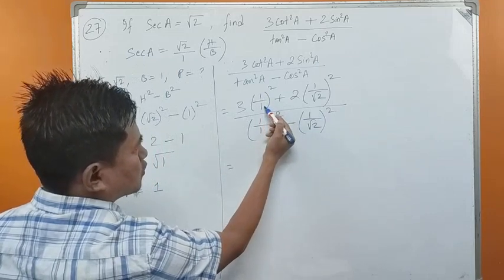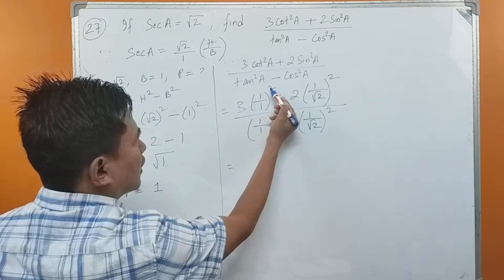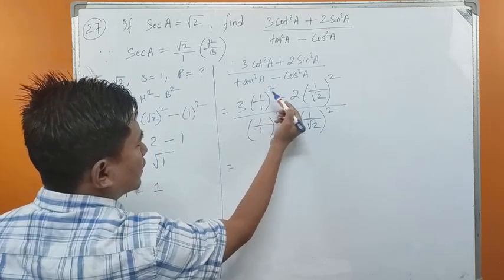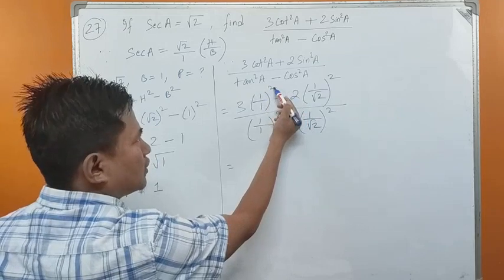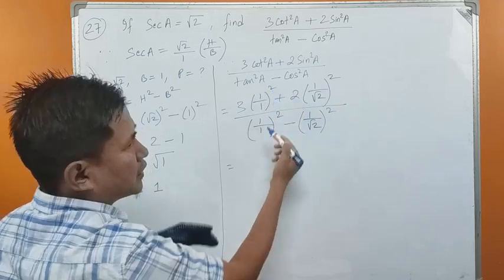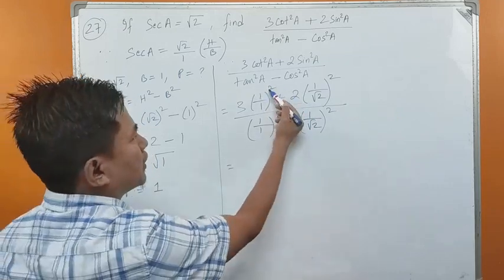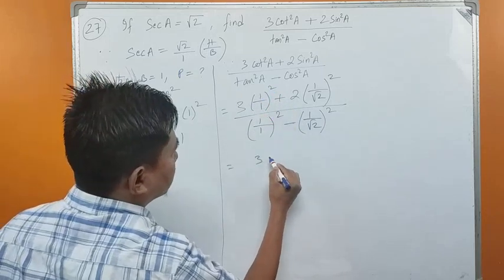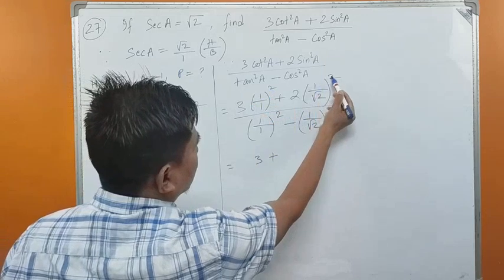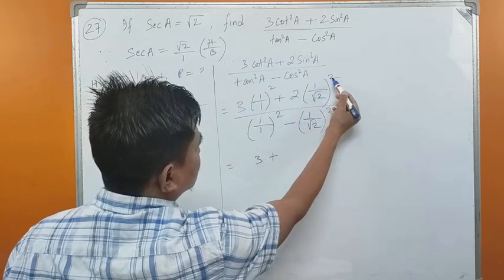So you can see 1 upon 1 means 1, and that 1 squared means 1. Squared means multiply 2 times, so 1 into 1 is also 1. That 1 into 3 will give us 3, plus 1 squared is 1, root 2 squared is 2.